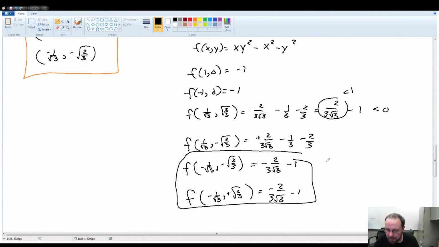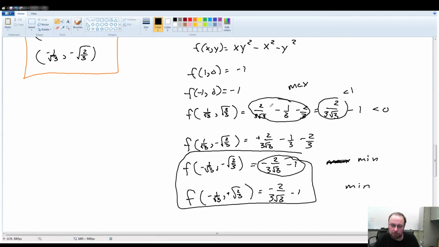So I would say we have our maxes here. I'm sorry, our minimums. The function attains an absolute minimum of this amount at these two critical points. And if you check on your calculator, this would be the maximum. It's still negative, but maximum, and it happens at these two critical points.